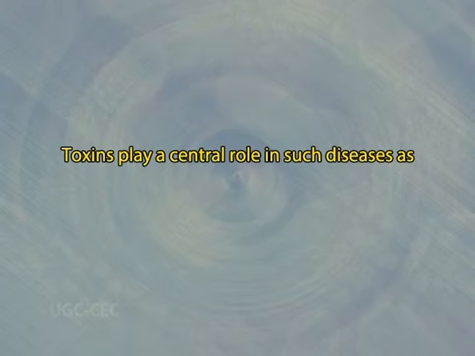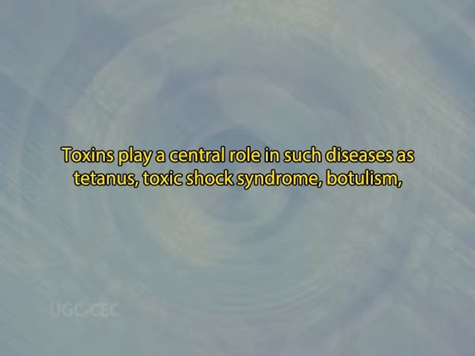For example, Staphylococci bacteria living in food may produce a toxin that causes food poisoning when the food is eaten, even if the Staphylococci have been killed. Most toxins contain components that bind specifically with molecules on certain cells, that is, target cells. Toxins play a central role in such diseases as tetanus, toxic shock syndrome, botulism, anthrax, and cholera.